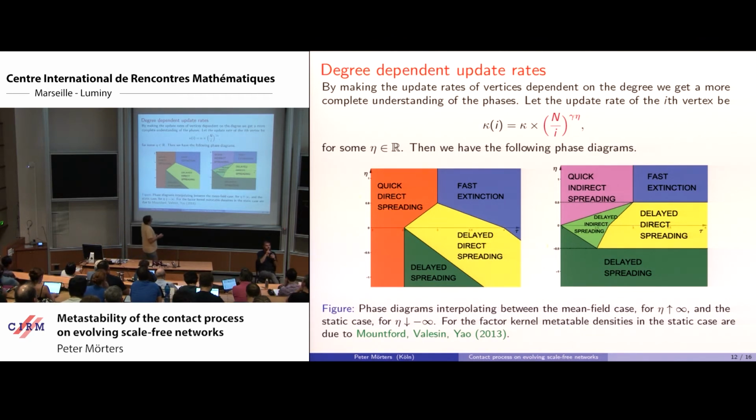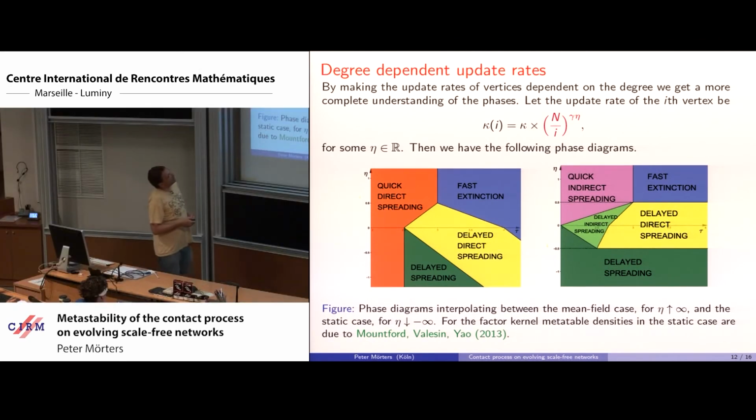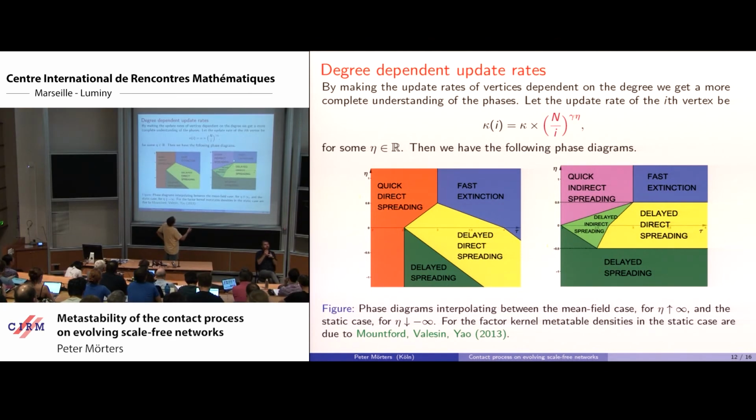In the preferential attachment case, the picture looks quite different. Again, this is just a generic calculation from eta bigger than a half. Delayed strategies don't survive, and we have the same behavior as in the mean field case with a transition at tau equals 3 between a successful strategy for long survival of the infection and fast extinction.